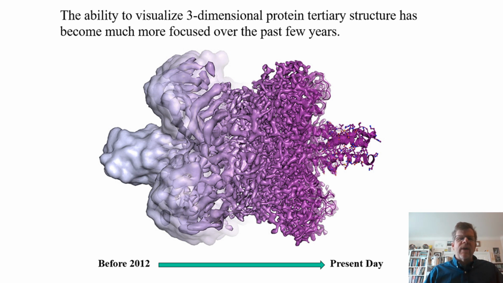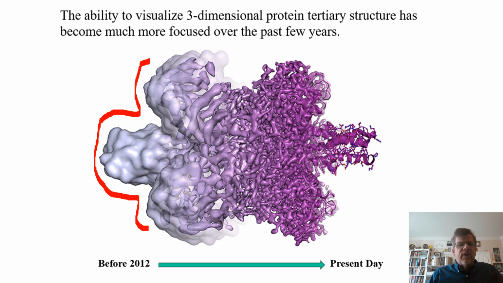The examples I showed you were mainly of the type of resolution we see on the left-hand side of this molecule. We can see some general protuberances and shape, but a lot of it is left up to the imagination. That was all before 2012, and a lot of technological jumps have occurred between then and now, which allow proteins to be visualized much more clearly.